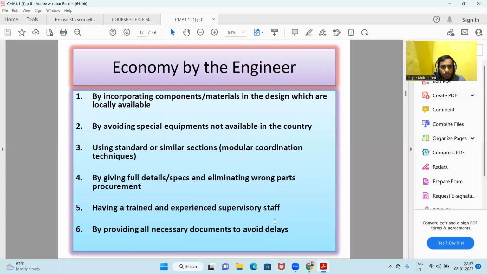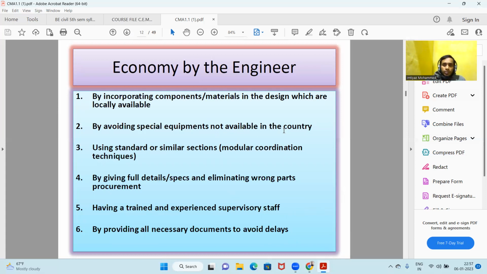So this is economy by the engineer. Now, this can be achieved by incorporating components and materials, by avoiding special equipment, by giving full details and eliminating wrong parts. Economy means basically trying to do cost cutting, not making the project too expensive. That can be achieved by incorporating materials in the design which are locally available.